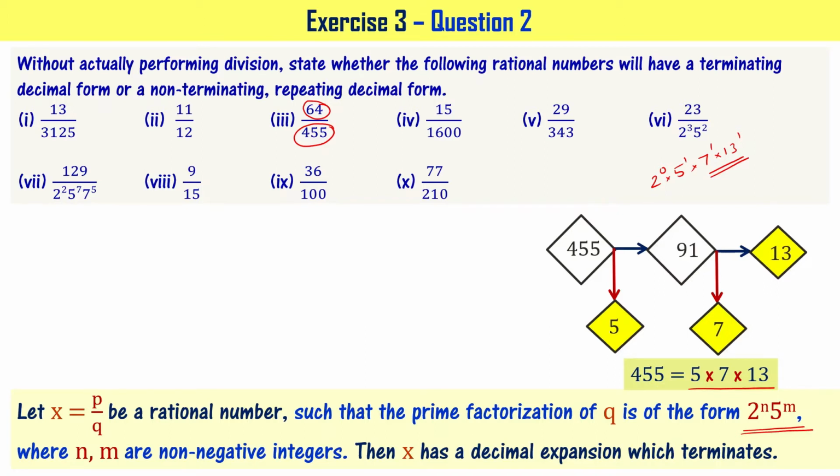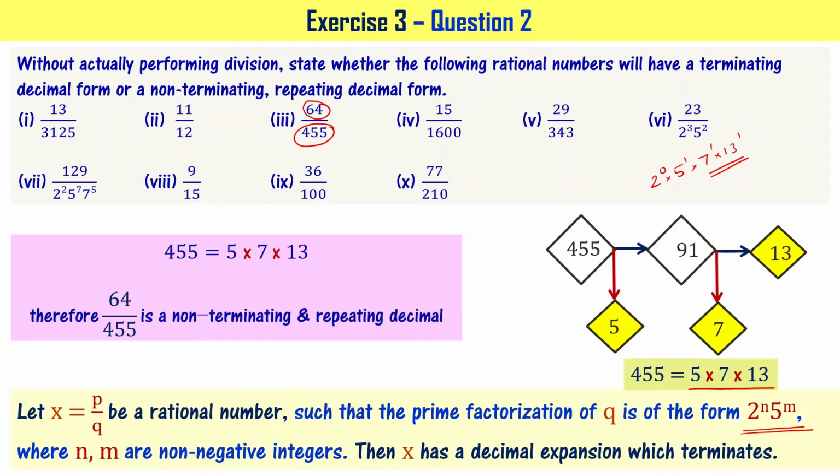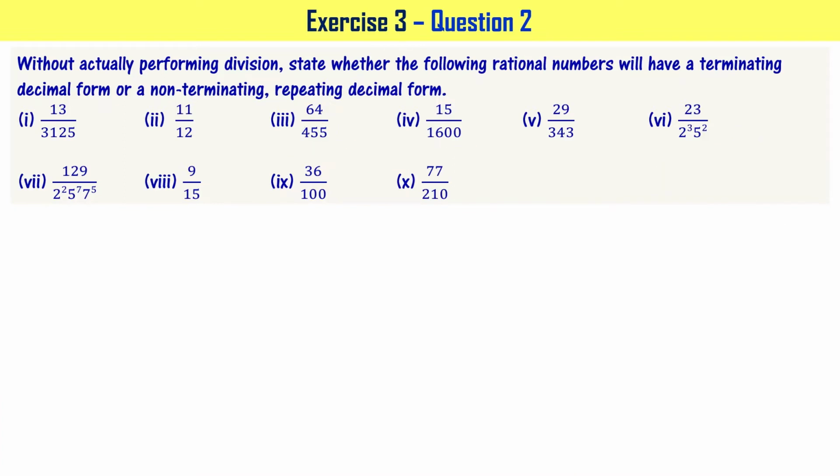For that reason, let me say that 455, the denominator of the given ratio, can be written as 5 times 7 times 13, which is not in the form of 2 power n 5 power m. That's why we say that 64 divided by 455 is a non-terminating and repeating decimal. Got it? Now let's look at the next part of the problem, 15 by 1600.